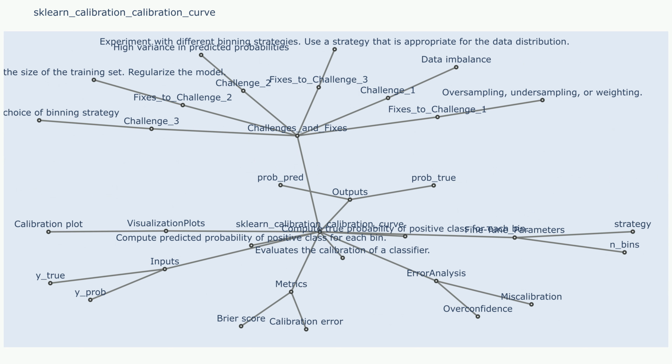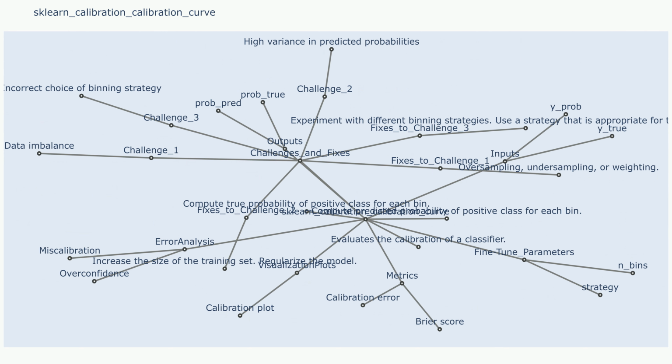Challenge 4. Challenge description. The calibration curve might not be informative for highly imbalanced datasets, where the minority class is poorly represented. Sample use case. In fraud detection, where fraudulent transactions are rare, the calibration curve might not provide meaningful insights due to the limited number of positive samples.